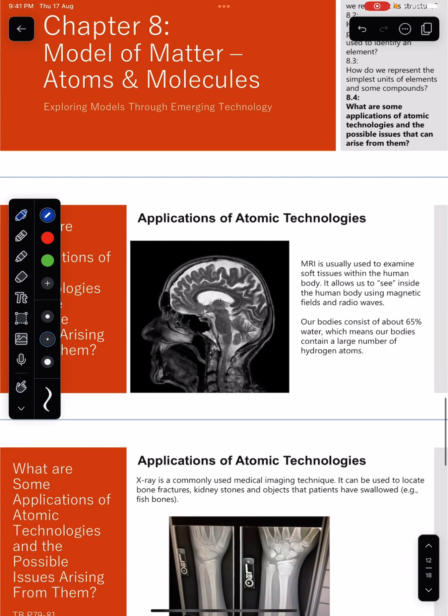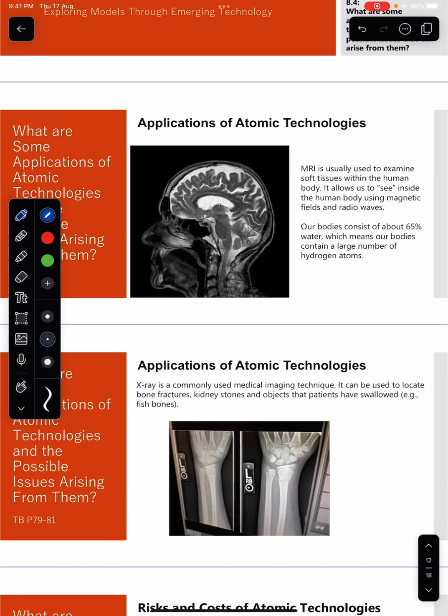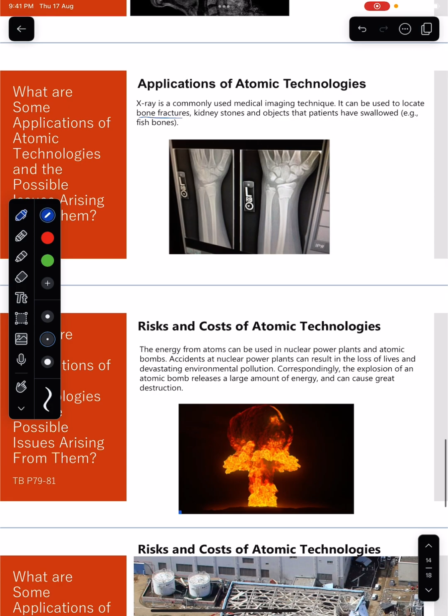So that is a use of atomic technology. X-ray to figure out your bone fractures. Or it could even be an item that you swallow. If you swallow a key, then you take an X-ray of your stomach, I can see the key inside. But there are some risks and costs.